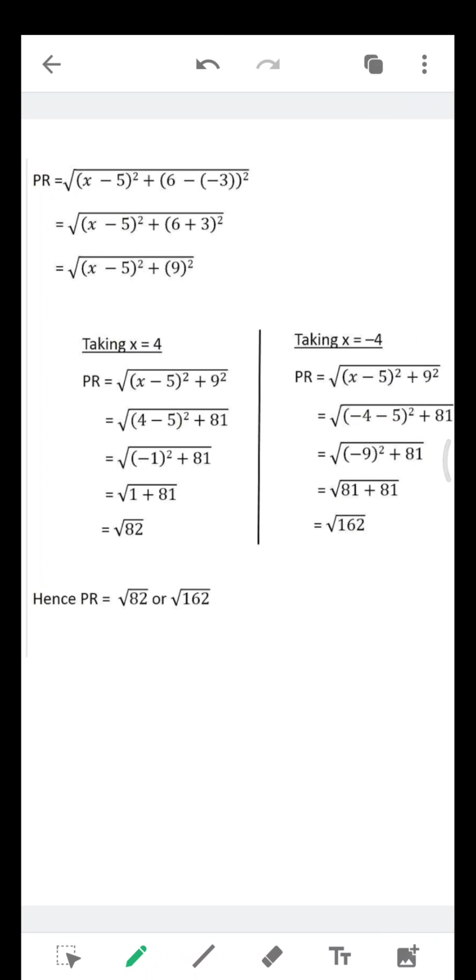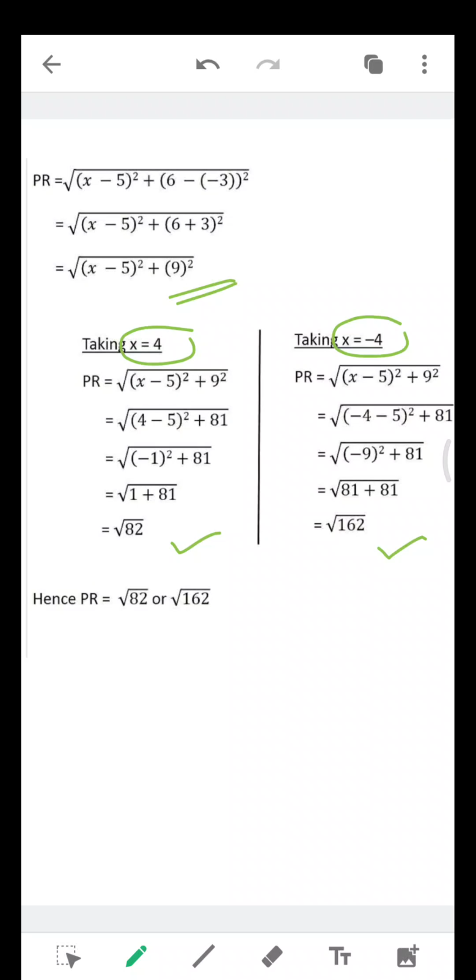Finally I'll get x minus 5 whole square plus 9 whole square. Now again we have two values of x, so we substitute both, x is equal to 4 and minus 4, for finding PR also. After substituting, I got root 82 and root 162.